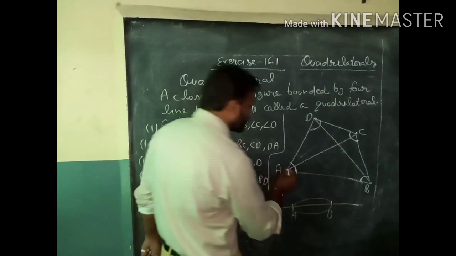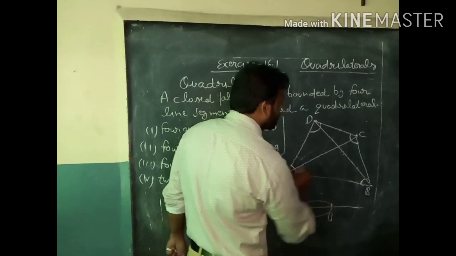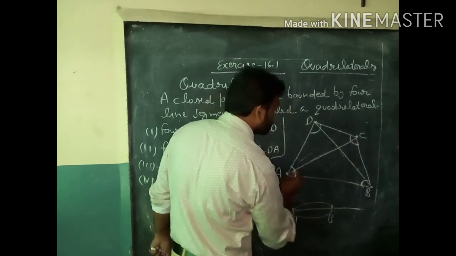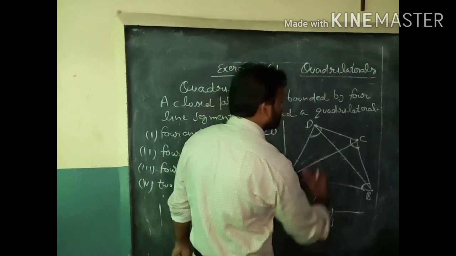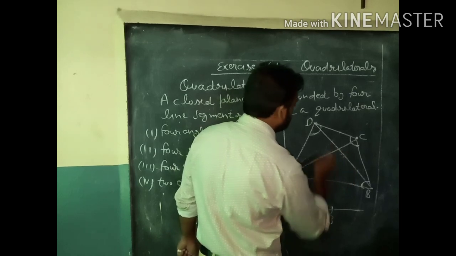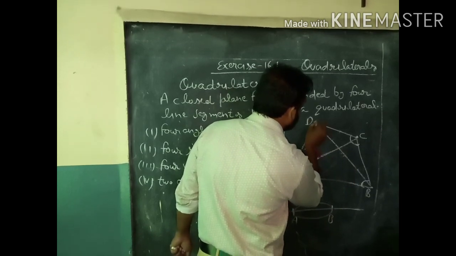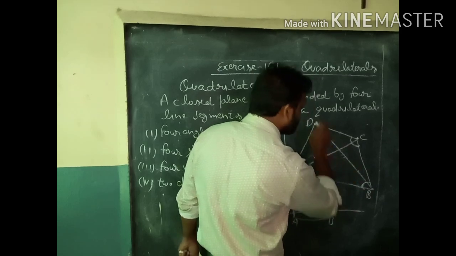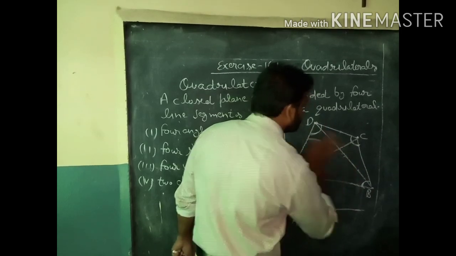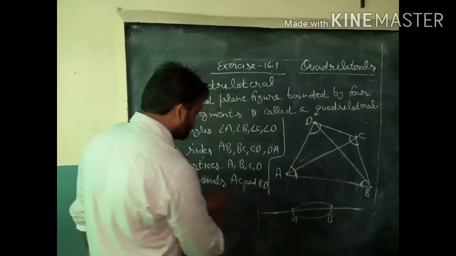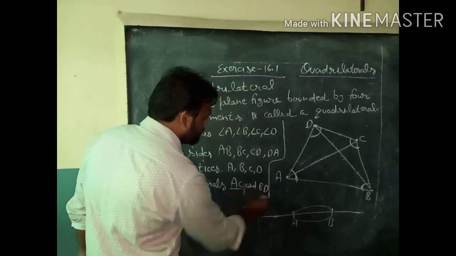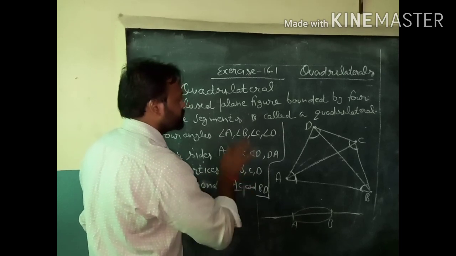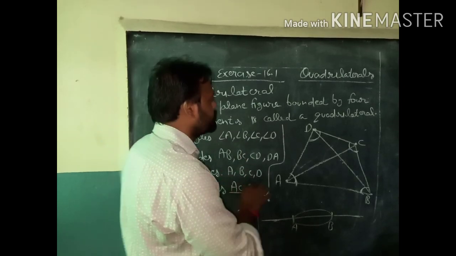If I join vertex A and C with a line, this line AC is called a diagonal of the quadrilateral. If I draw the line from D to B, BD is also called a diagonal of the quadrilateral. So it has 2 diagonals, AC and BD. These are the things we have to understand before starting the sums. I hope this is clear to you.